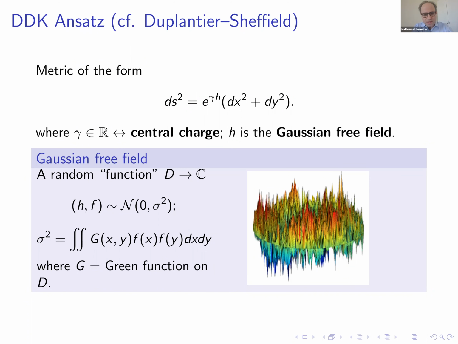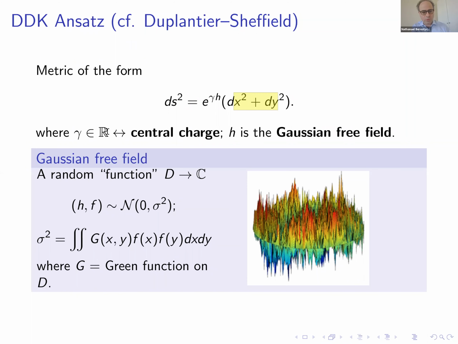And they explained that the geometry associated with the UIPT should be related to a random geometry in the plane, where the metric takes the form of e to the gamma h times the standard metric.